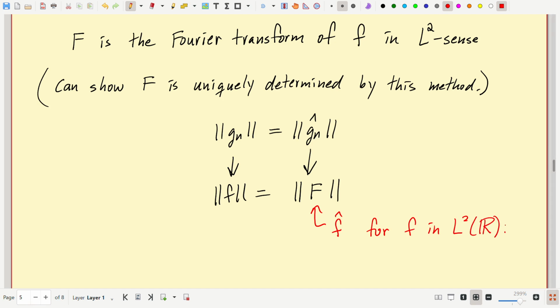Okay, so that's kind of exciting to know that you can extend the Fourier transform to L2. It feels like it's abstractly defined, and maybe it is, but that's the natural place for it to be, because then all the limits are in the L2 sense, and they all make perfectly good sense because of the Plancherel identity.